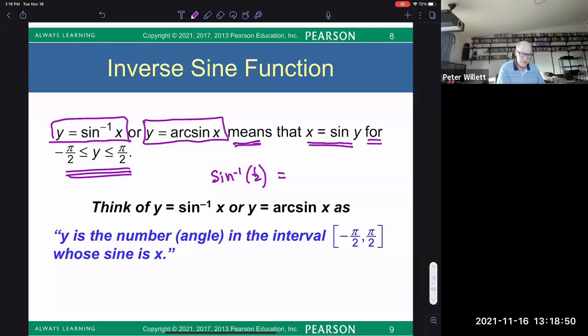So that is the number or the angle between -π/2 and π/2 whose sine is 1/2. So this is basically saying what angle theta makes sine theta equal 1/2. That's what this phrase is trying to have us wrap our minds around. And you would have to come up with the fact that to get 1/2, the angle is π/6 to be within this range.